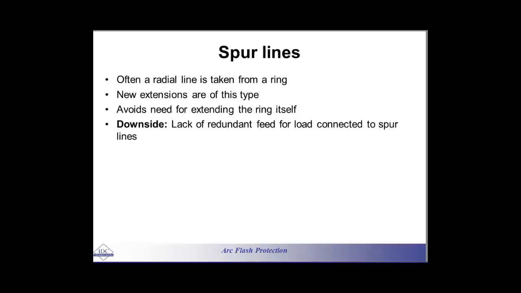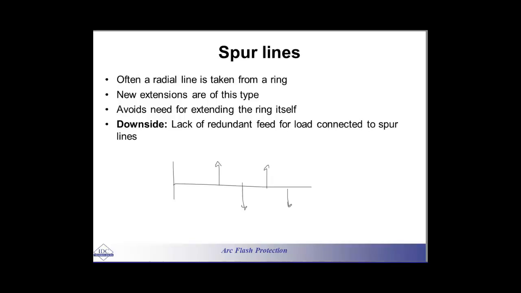Spare lines: you have got a line, and you can get a number of spare lines out of that. So this is another way of distributing the load to the customers, and this is good as long as you can coordinate the protection in here.